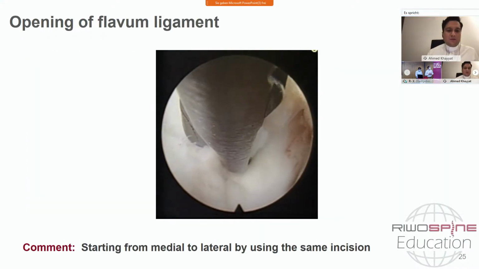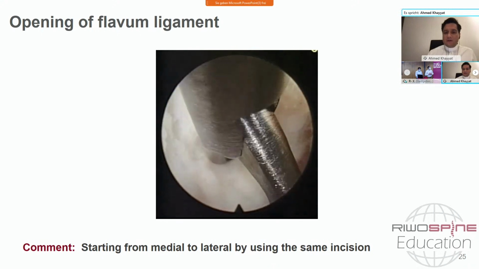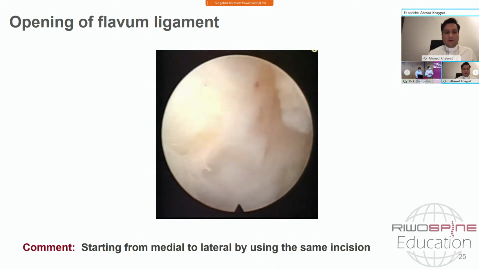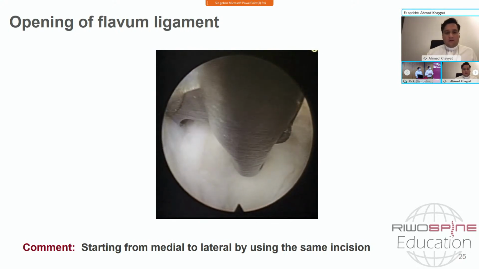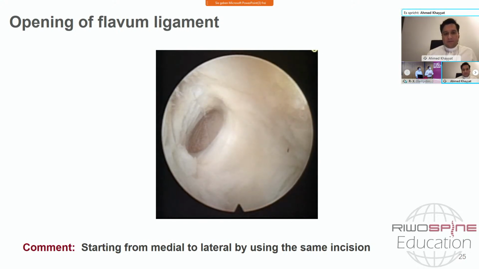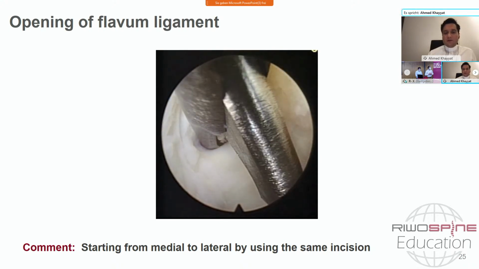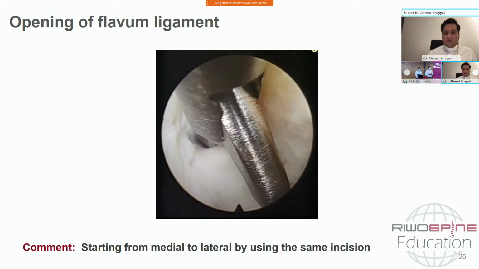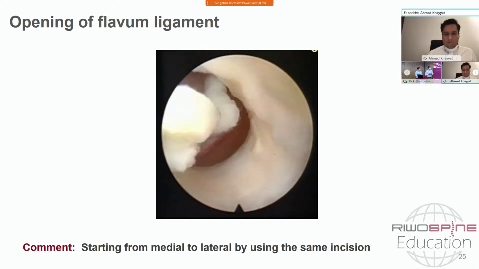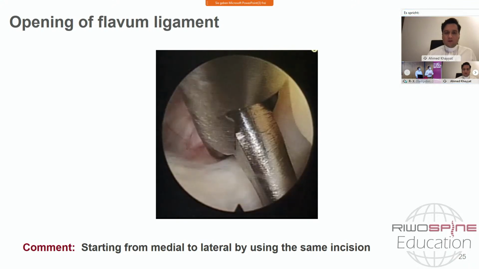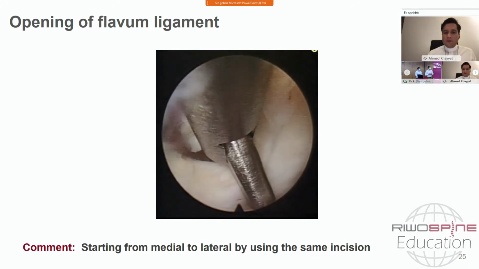So this is an example of how to start the interlaminar full-endoscopic. We're starting by opening the flavum, starting from medial, and turn the scissor toward the lateral. Now the spinal canal is open. Now turn the scissor lateral toward the facet joint. And also you don't need to do a full flavectomy.